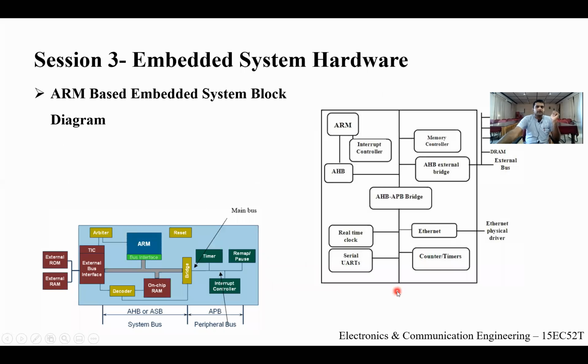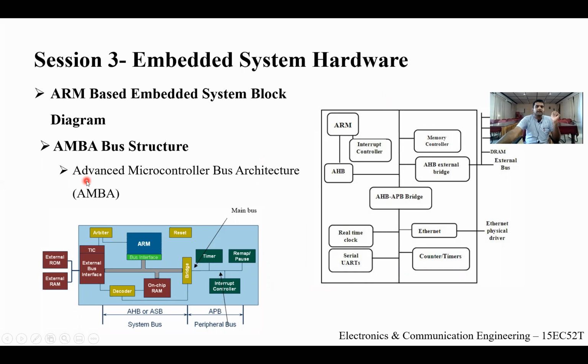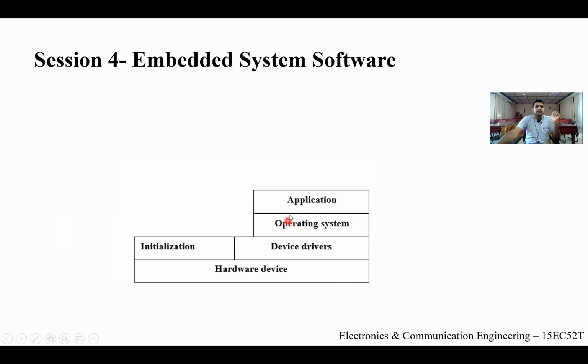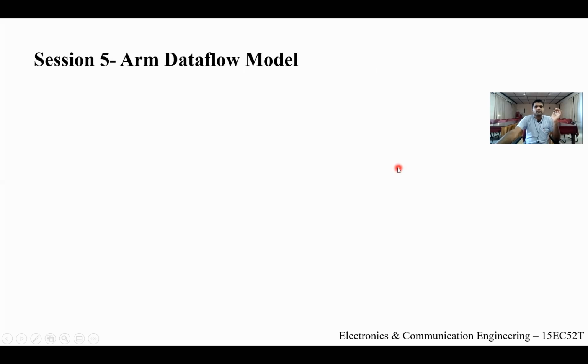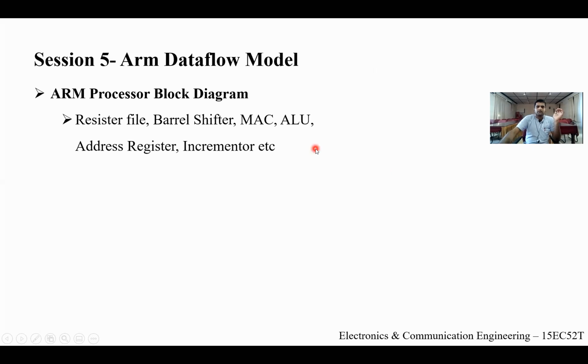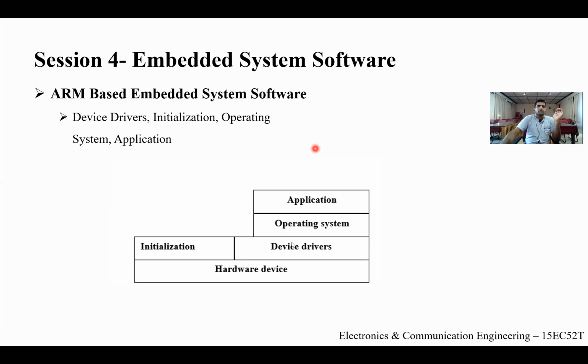Next, in the next section, we discussed embedded system hardware. This is the block diagram of an embedded system using an ARM processor. And next we studied AMBA bus architecture, that is Advanced Microcontroller Bus Architecture. In the next session, we studied embedded system software, that is device drivers, initialization, operating system, application.